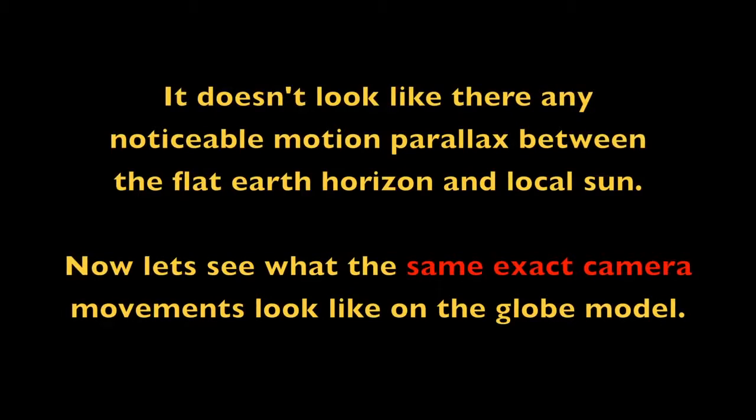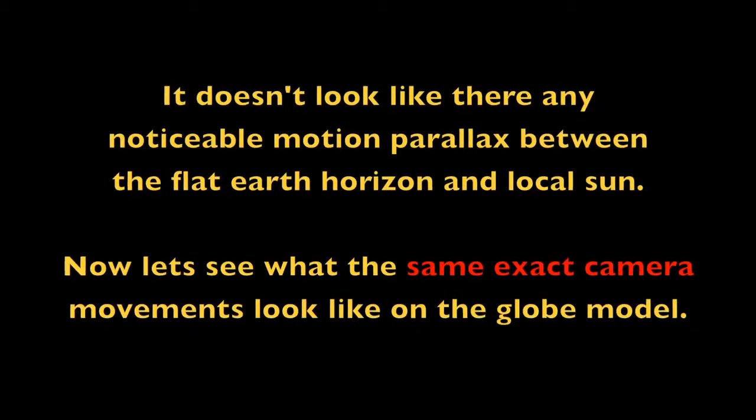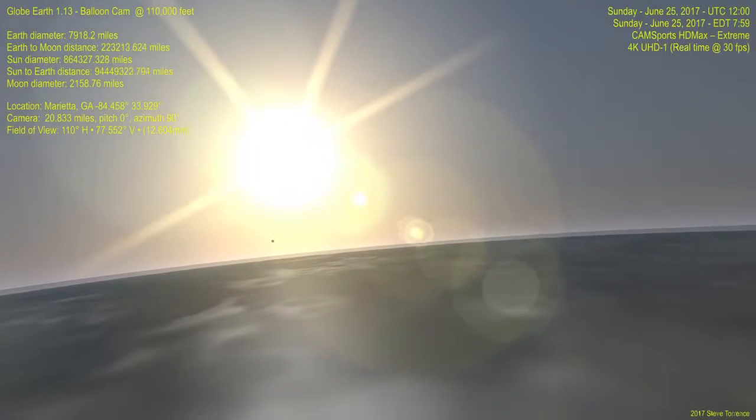It doesn't look like there is any noticeable motion parallax between the flat Earth horizon and the local sun. Now let's see what the same exact camera movements look like on the globe Earth model.